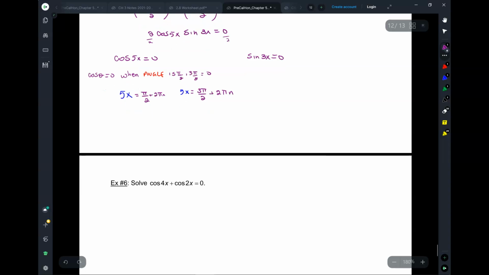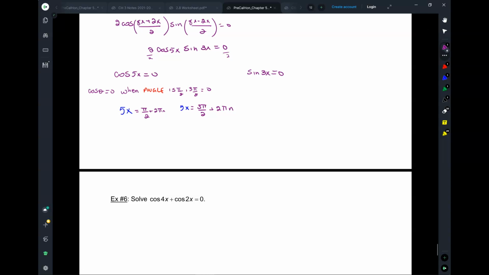So far, everything is sort of the same because cosine is 0 when the angle is pi over 2 plus 2 pi n, 3 pi over 2 plus 2 pi n. The only thing different is the angle, we've just copied down 5x.